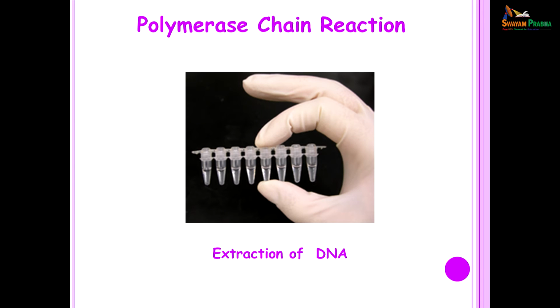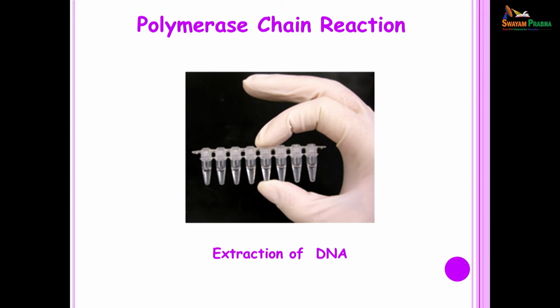So, in PCR what we do is we need to first extract the DNA of the organism that we are looking for. Let us say we have got a patient with tuberculosis, all right, he has got tubercular meningitis.